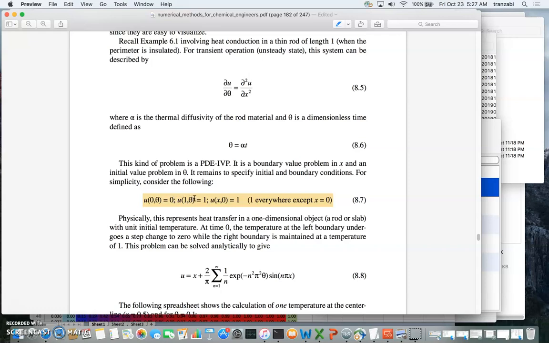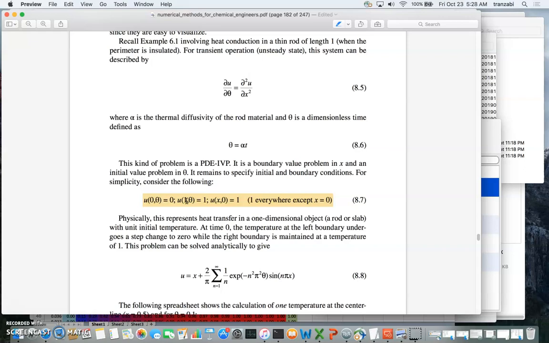And the other end, we're going to keep at temperature 1. Then the question is, what is the temperature distribution from 0 to 1? I want to know the temperature distribution for every point, not just the end point or left point and right point. That is the problem we're going to look at.